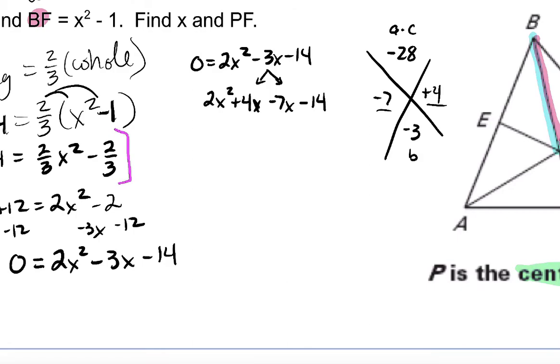Remember that what you're doing with this particular process is that you're splitting that middle term strategically in a way that is going to create like terms that combine to the middle term, and that those like terms' coefficients multiply to that AC product. So this is an equivalent expression to the equation above it. We've just split that middle term so that we can factor by grouping.